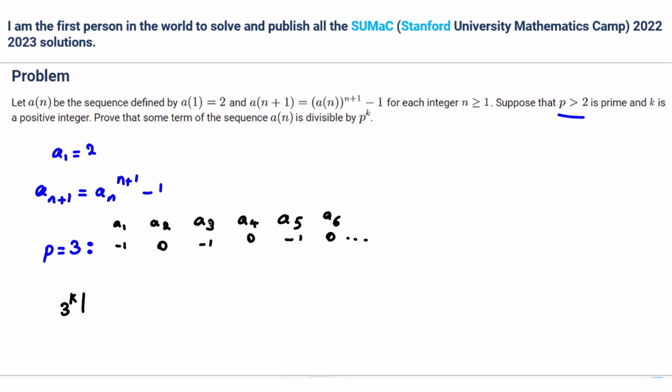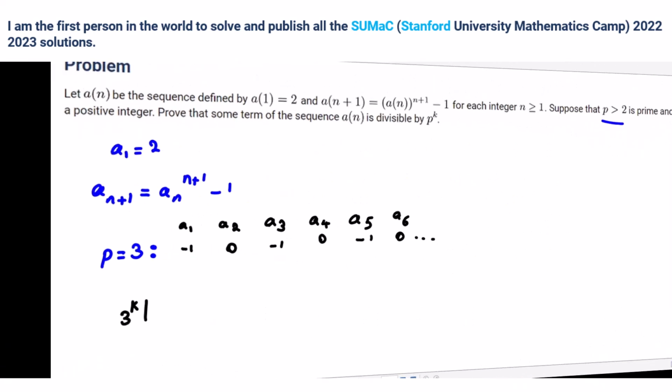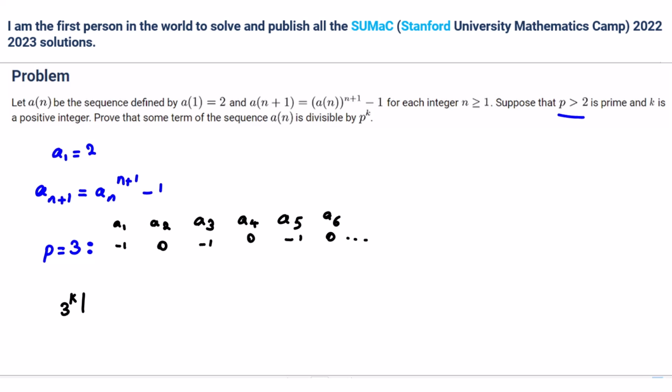Okay, could you find which element is a multiple of 3 to the k or not yet? Not yet. Okay, one hint for this part or want to keep trying? I'll keep trying. Okay, sure. I think it might just be 2k. 3 to the k divides a what? 2k. 2k.